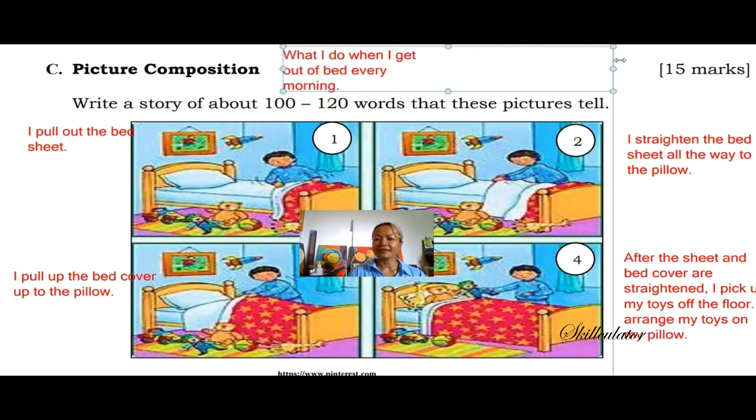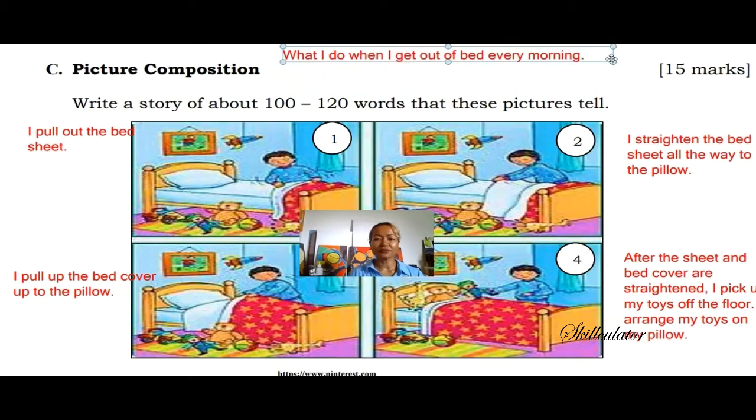Okay, that's a reasonable title to use. It seems to be what's happening in these pictures. Now, what is a good opening introduction, opening paragraph, which is your introduction? You are saying what the whole composition is about.